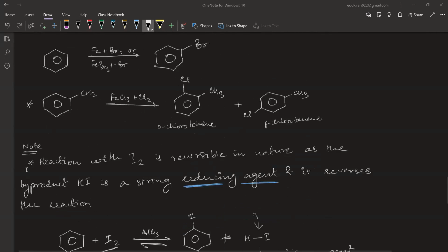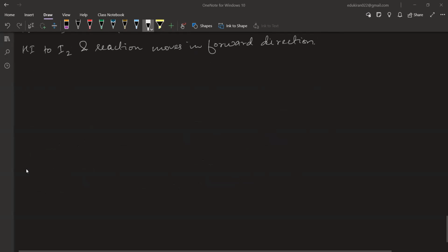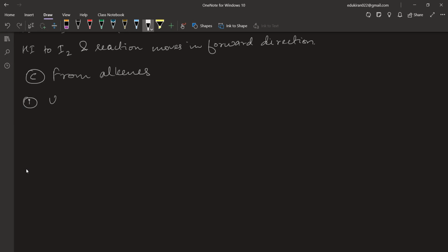C part, from alkenes. In alkenes, number one we will say, using halogens.